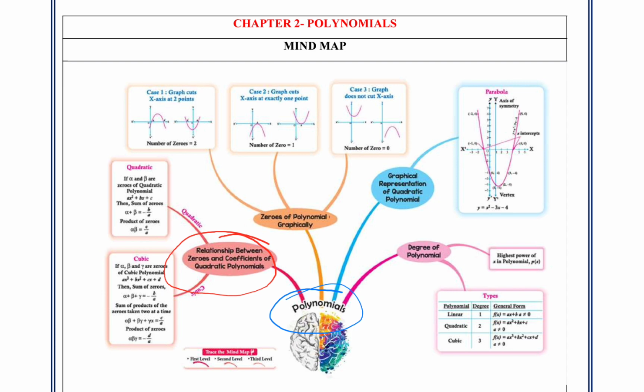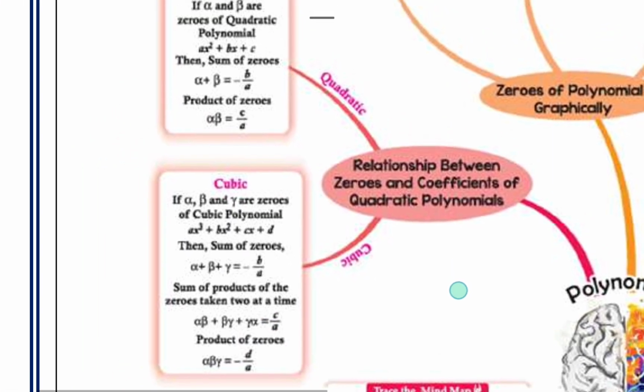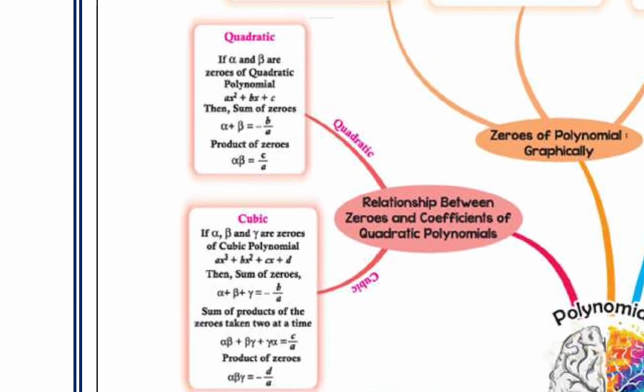In this, cubic and quadratic polynomials will come. Cubic means it should have ax cube, bx square, cx plus d. These are the things we will see here, and I will zoom in and show. In polynomials we see the relationship between zeros and the coefficients of a quadratic polynomial.